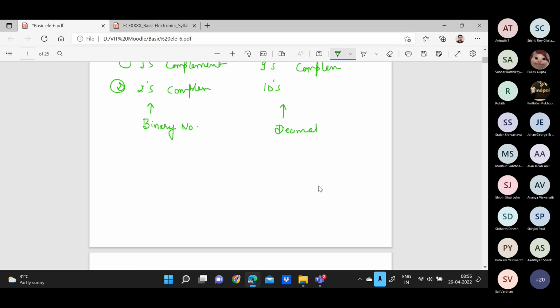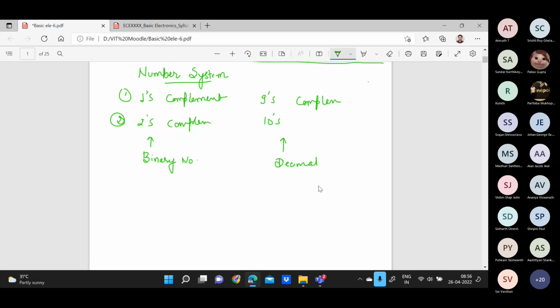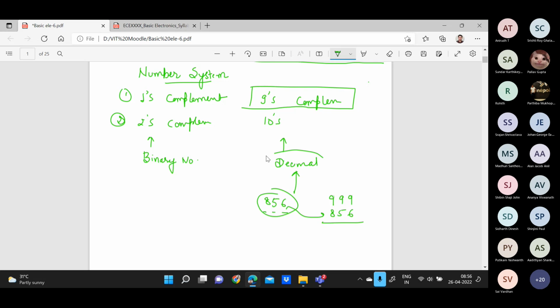Okay, so what is the meaning of this nines complement? For example, if any number is decimal, like 856, for the same number of digits you have to subtract this number from 999. That means, as you know, in the decimal number system the digits are from 0 to 9.